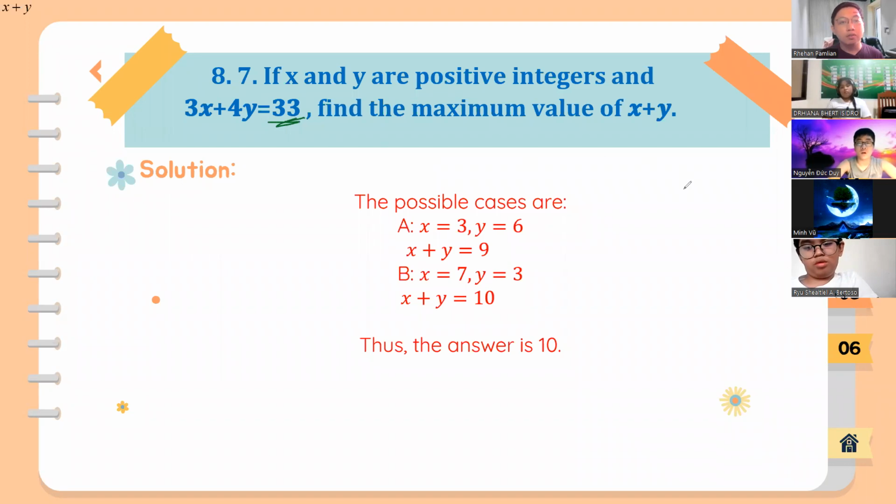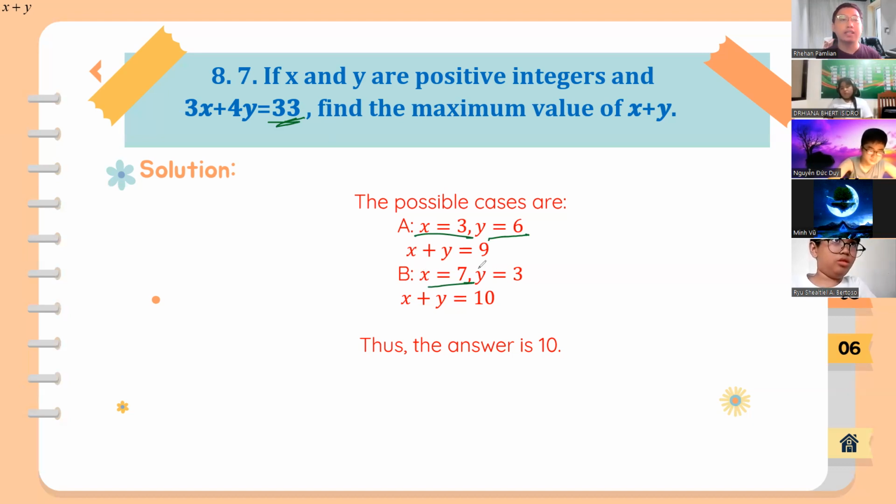Here, we've tried 0, 1, 2. They wouldn't fit to 33. Any number here wouldn't fit to 33. So the only possible cases where the equation is achieved are x as 3 and x as 7. So when you have x equals 3, that becomes y is equal to 6, because 3 times 3 is 9, and then plus 4 times 6. 4 times 6 is 24.